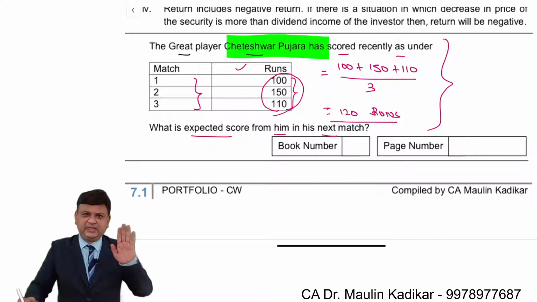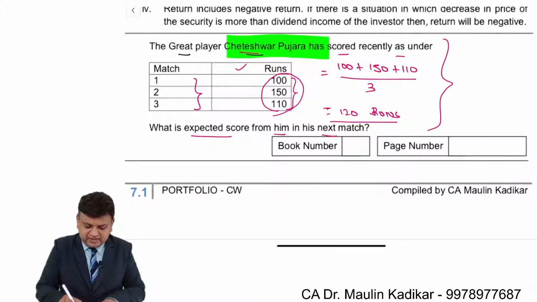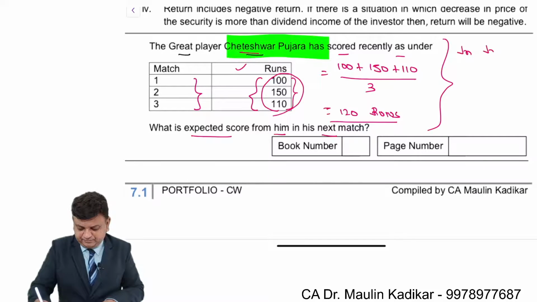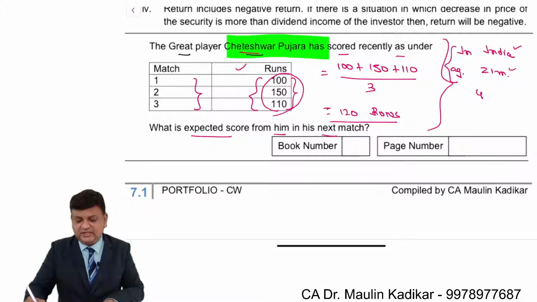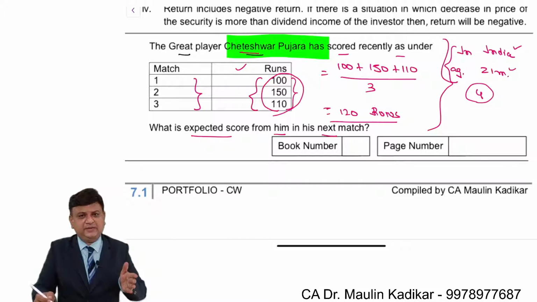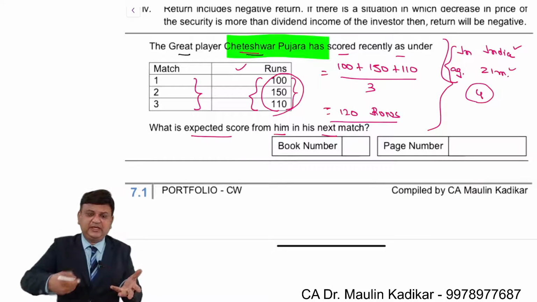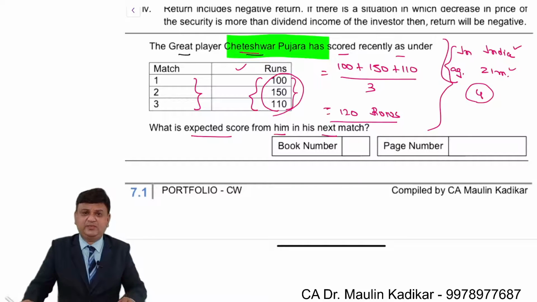So we can say something like this: for example, Cheteshwar Pujara has recently played 3 matches, let us say in India, against Zimbabwe, and the 4th match is also once again in India against Zimbabwe. So the recent score can be taken as a base for predicting what will be his score in his next match.